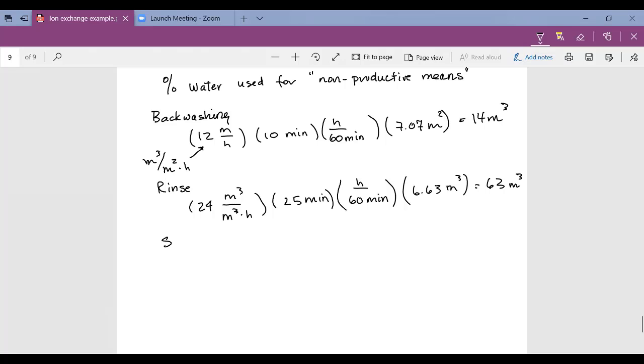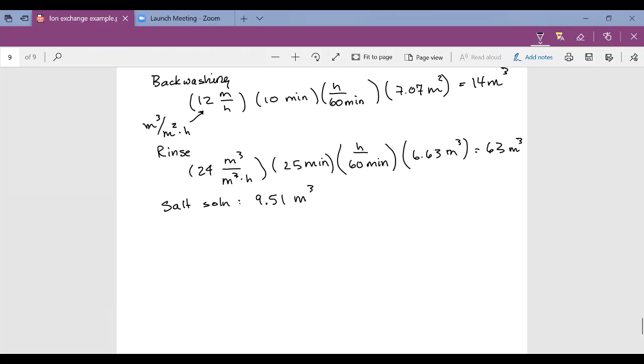And for the salt solution, we've already calculated that we needed 9.51 meters cubed. So if we add these volumes together, 14 plus 63 plus 9.51, that's the volume of water that we need for backwashing, rinsing, and to make up the regenerate solution.